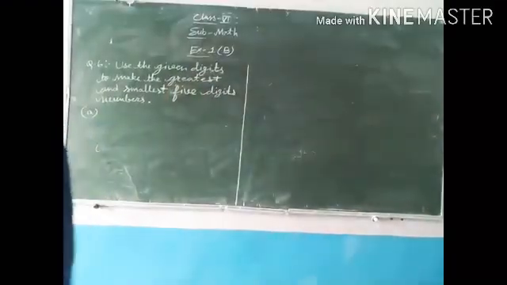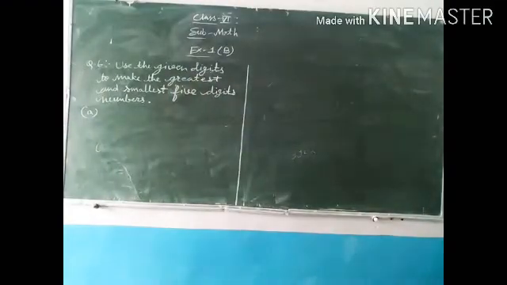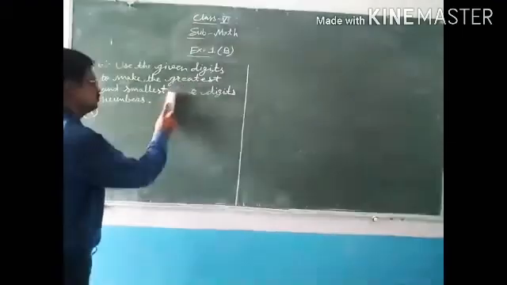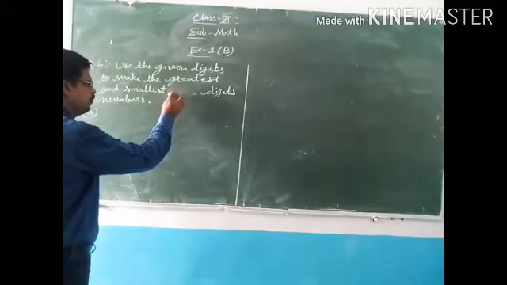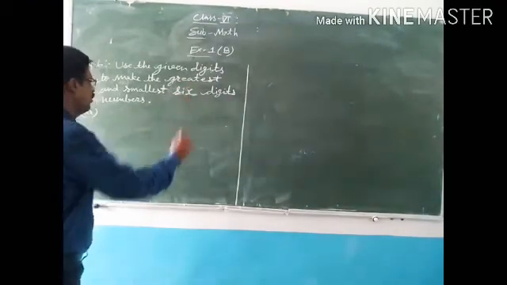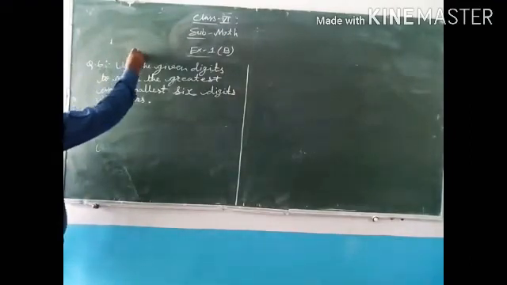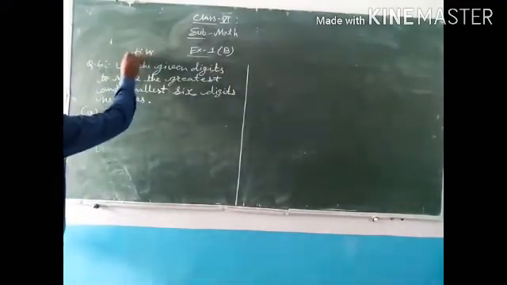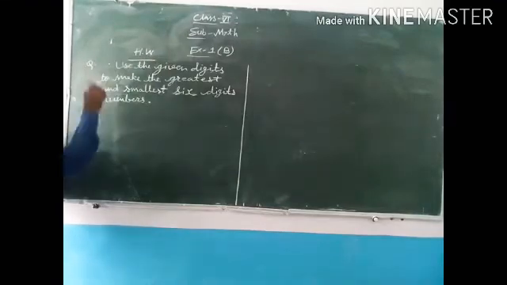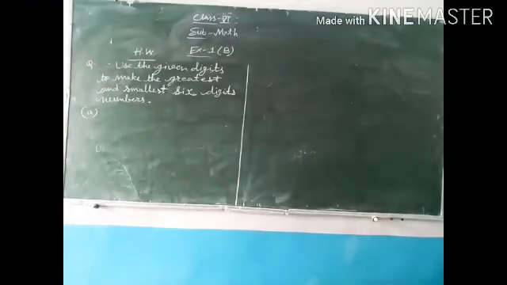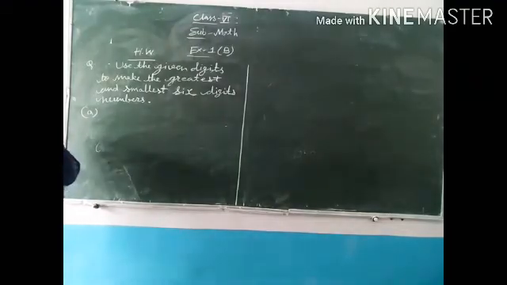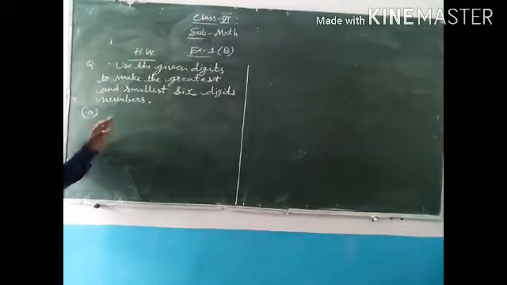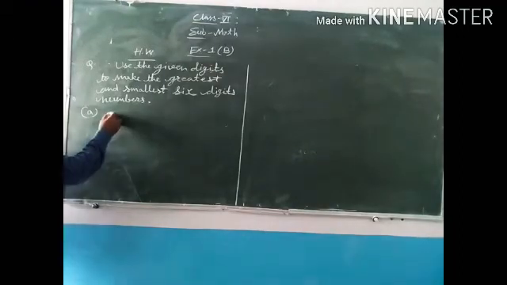So question would be, use the given digits to make the greatest and smallest 6-digit numbers. Okay? By using these digits, you have to make the greatest and smallest 6-digit number.